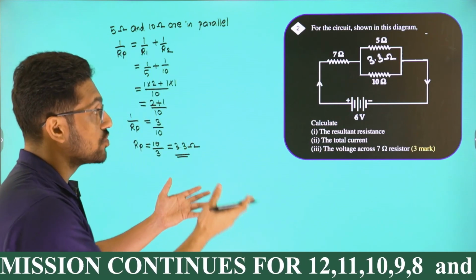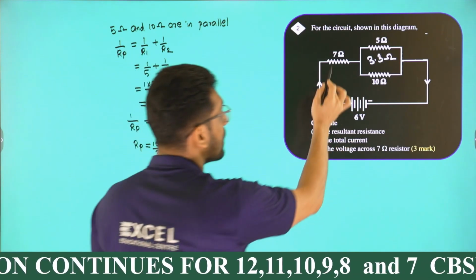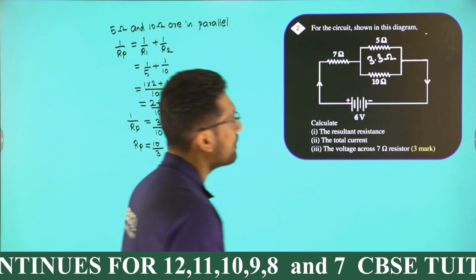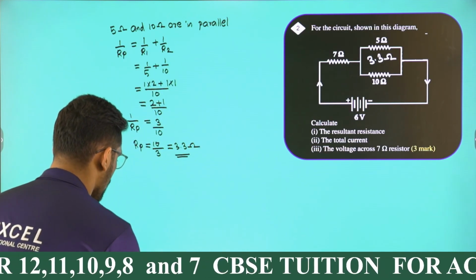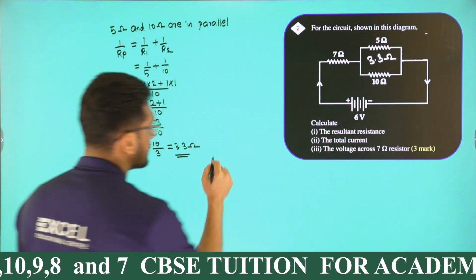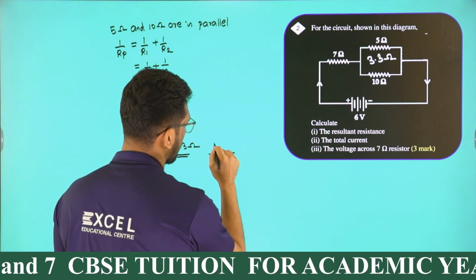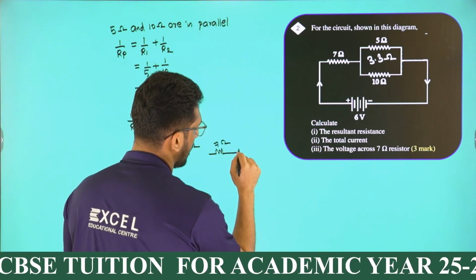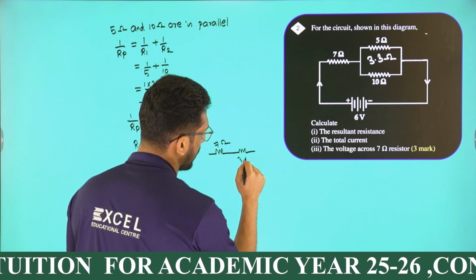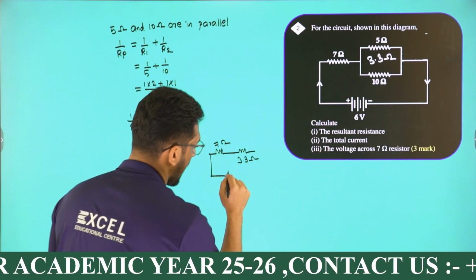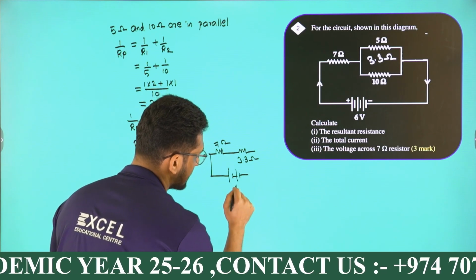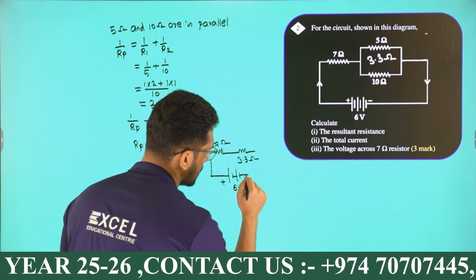Now I may need to redraw the diagram because this 7 ohm and a 3.3 ohm are in series now. So I am going to draw a 7 ohm, and another 3.3 ohm resistor connected across a battery of 6 volt, positive, negative.